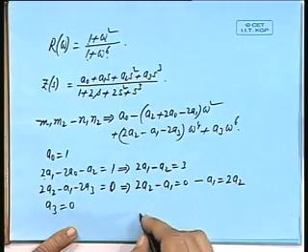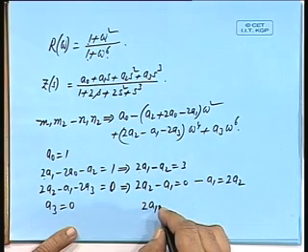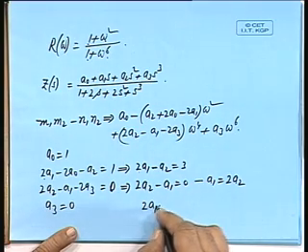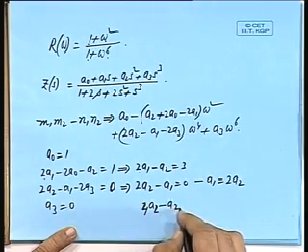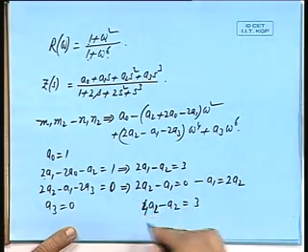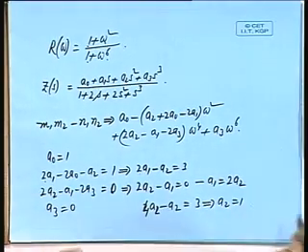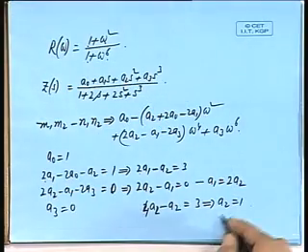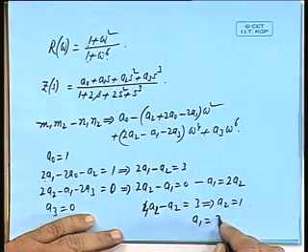If I substitute here twice a1, means 4a2 minus a2 is equal to 3, or a2 is equal to 1. Is that all right? a2 is equal to 1 and a1 is equal to 2 into a2, so 2.